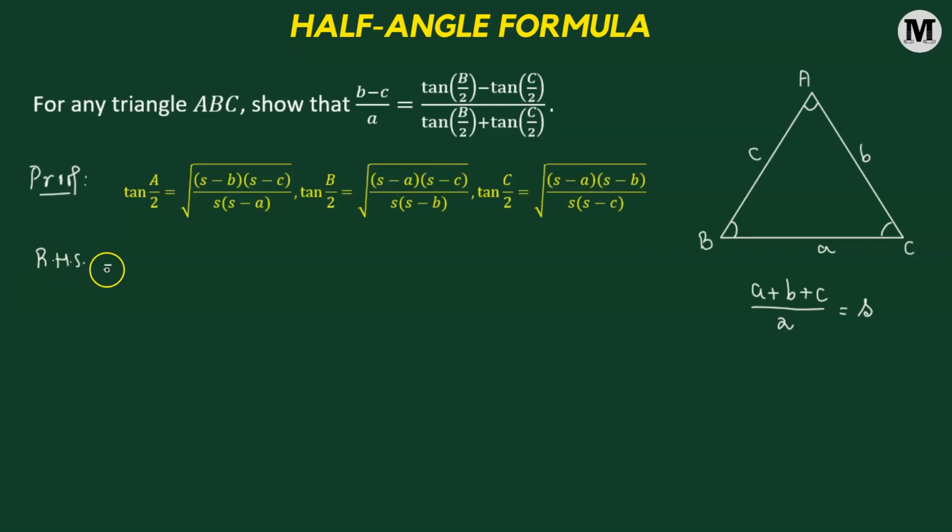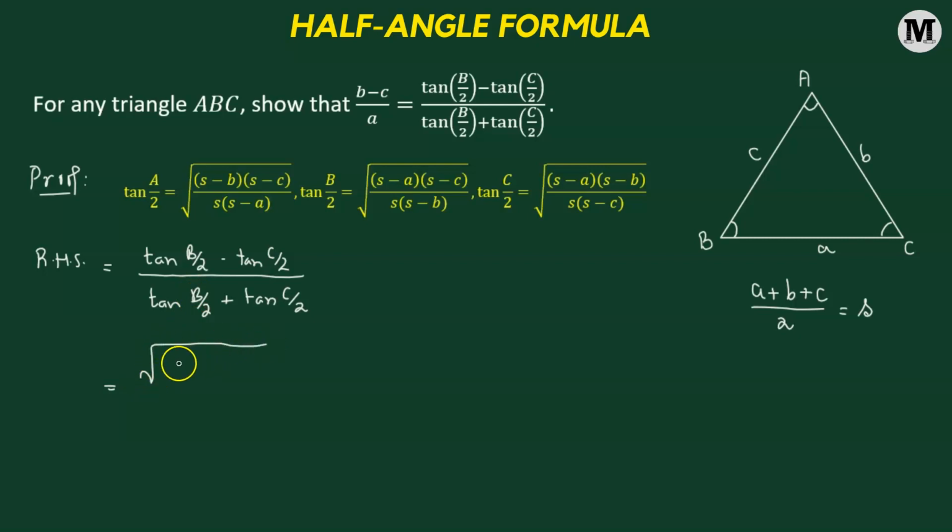On the right hand side, we have tangent of B over 2 minus tangent of C over 2, whole divided by tangent of B over 2 added to tangent of C over 2. Now let's use the values. Tangent of B over 2 is given by the square root of (s minus a)(s minus c) divided by s(s minus b).